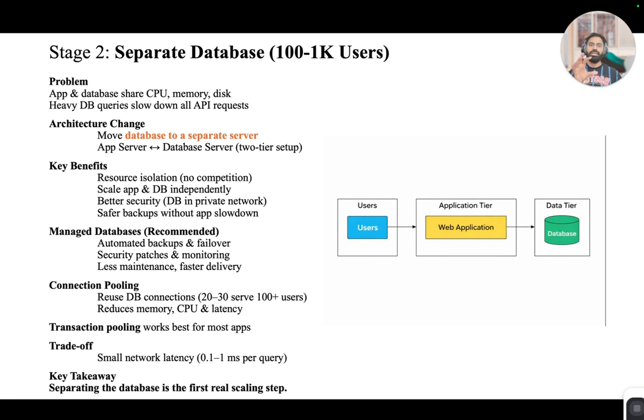So this is where connection pooling comes in. What is connection pooling? Basically, a connection pooler keeps a smaller number of database connections open and reuses them. You can think of it as a pool where the connections are present; you use one, and once you are done, it is returned.